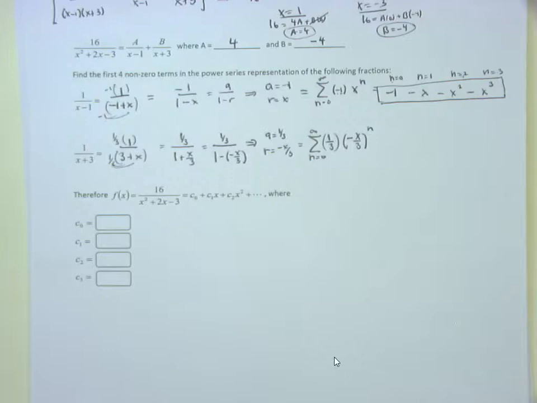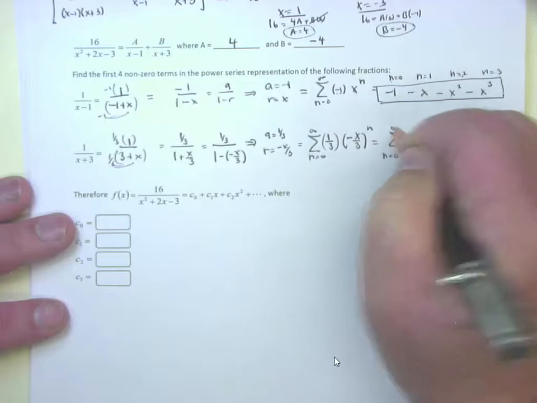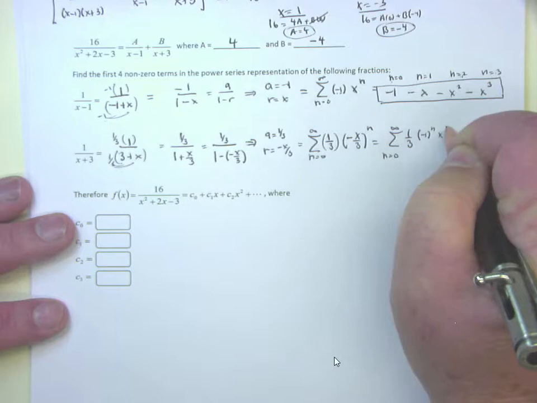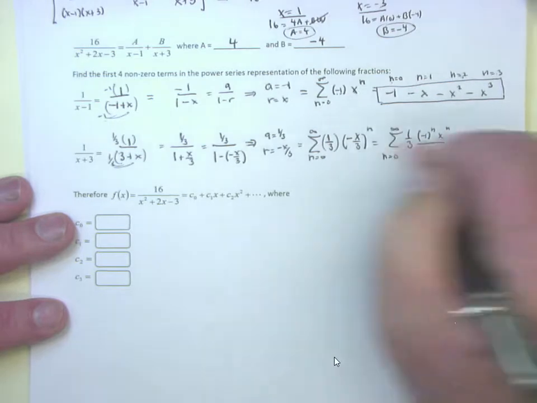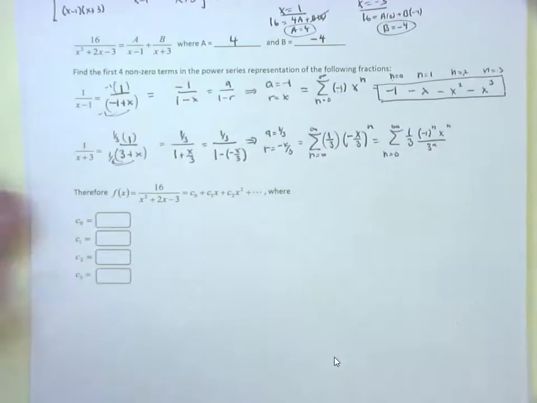I'm going to clean this up because you need practice. So this would give you the sum as n goes from 0 to infinity of 1/3 times negative 1 to the n times x to the n divided by 3 to the n. But that 3 on the bottom times that 3 to the n in the denominator, when you multiply, even in the denominator, you add exponents.